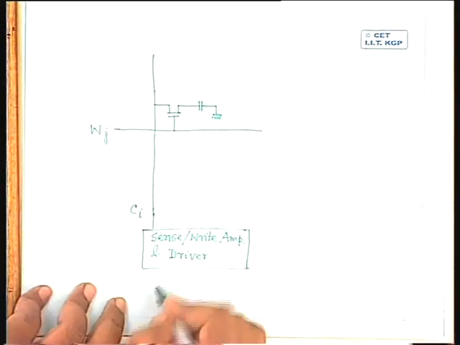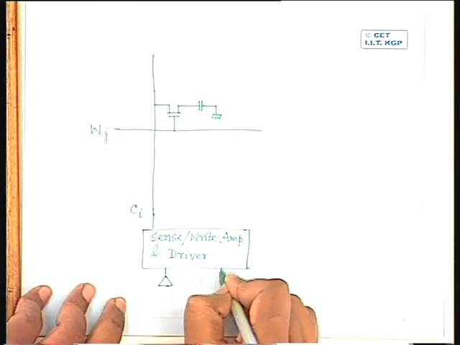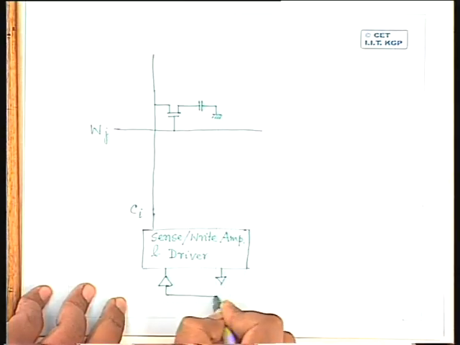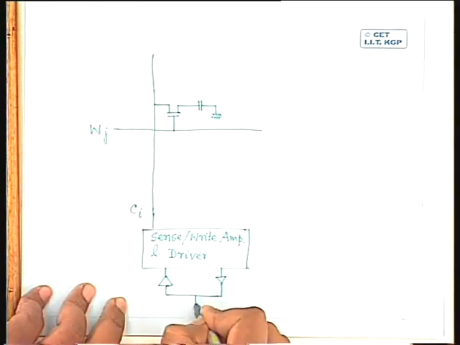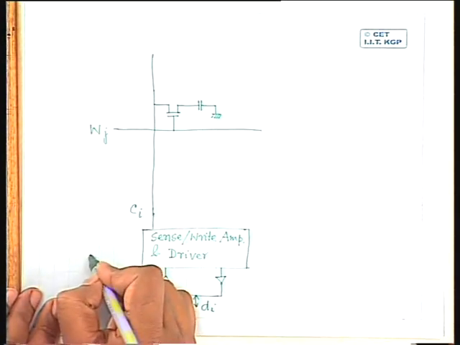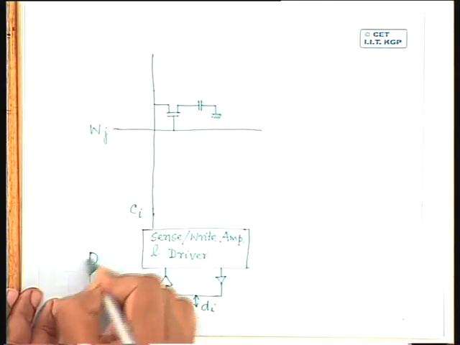And as before, I will have a number of buffers. This is connected to the output data line, say DI. I have the other control circuitry.